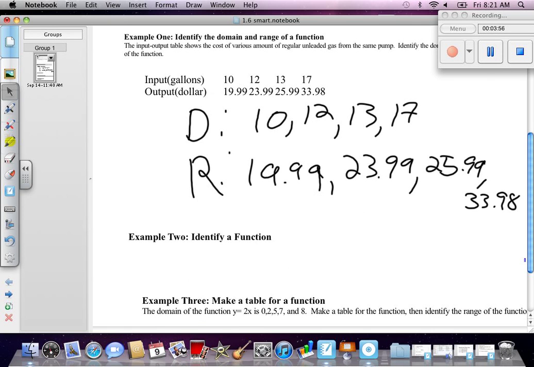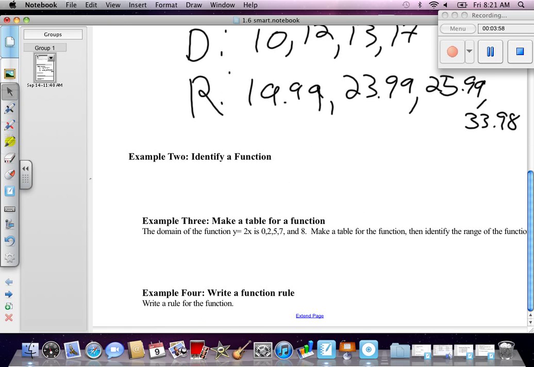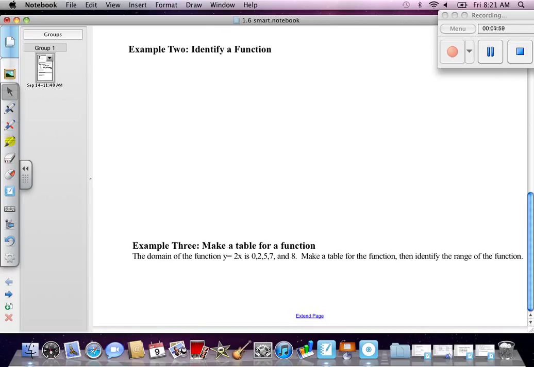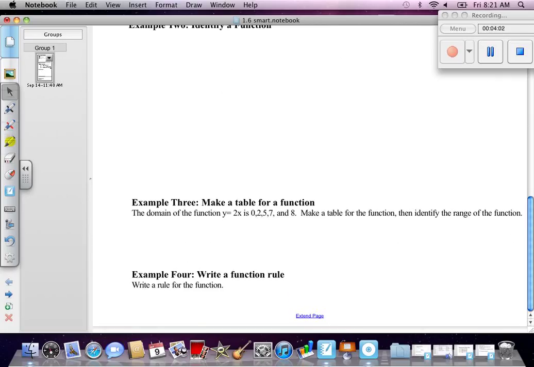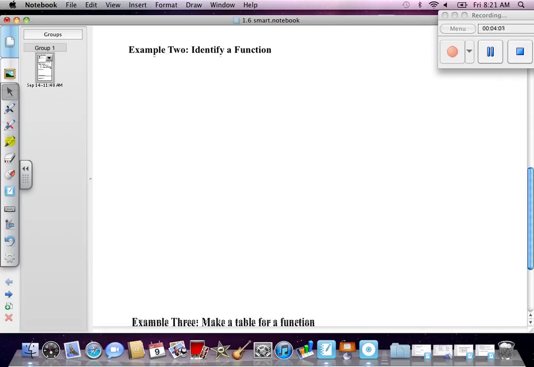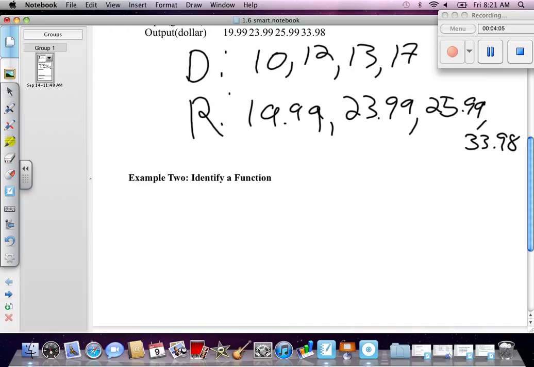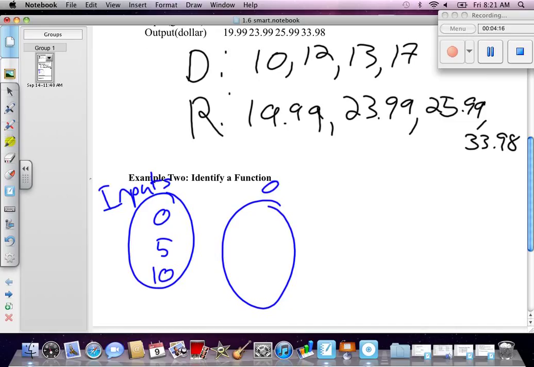So we're looking at these pictures for example 2. We've got 2 pictures. We've got this one, and here's my inputs. Let's label it inputs. We've got 0, 5, and 10. Here's my other circle. This is my output. I've got 2, 3, 4, and 5.